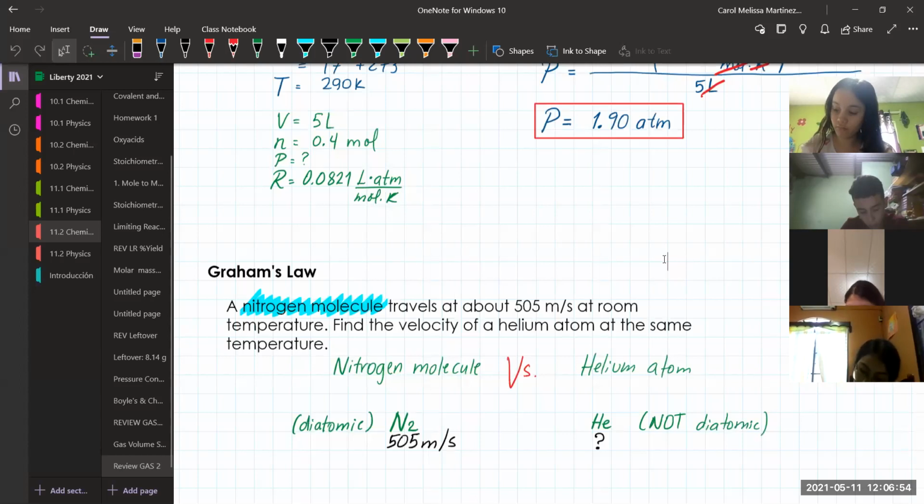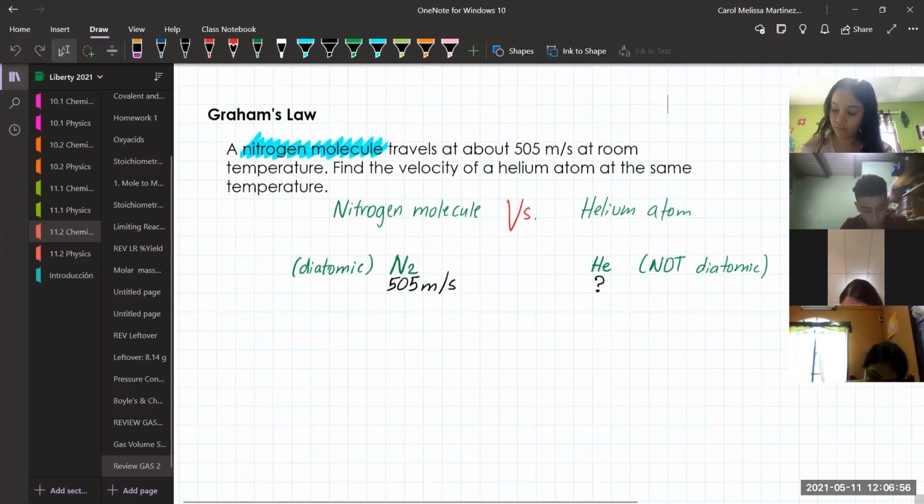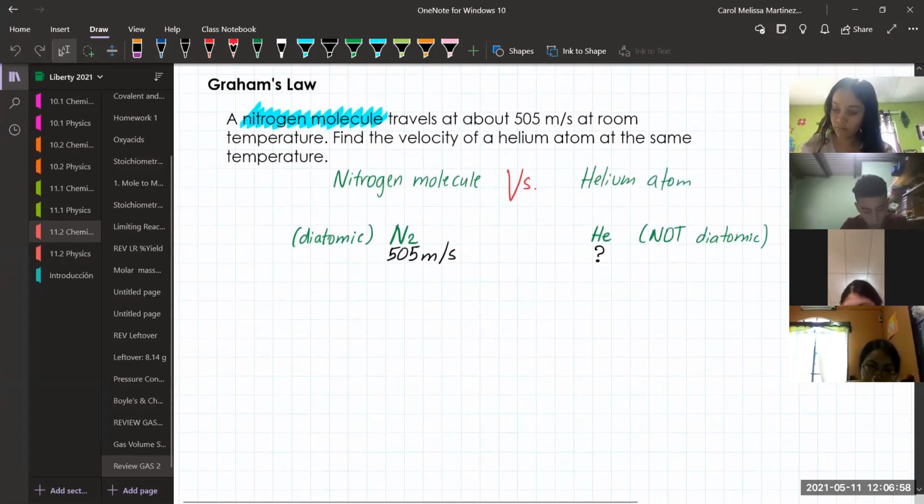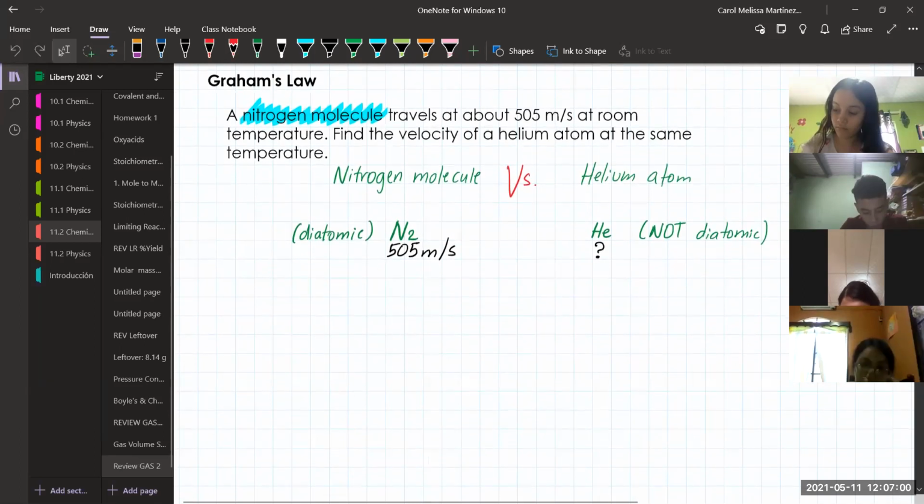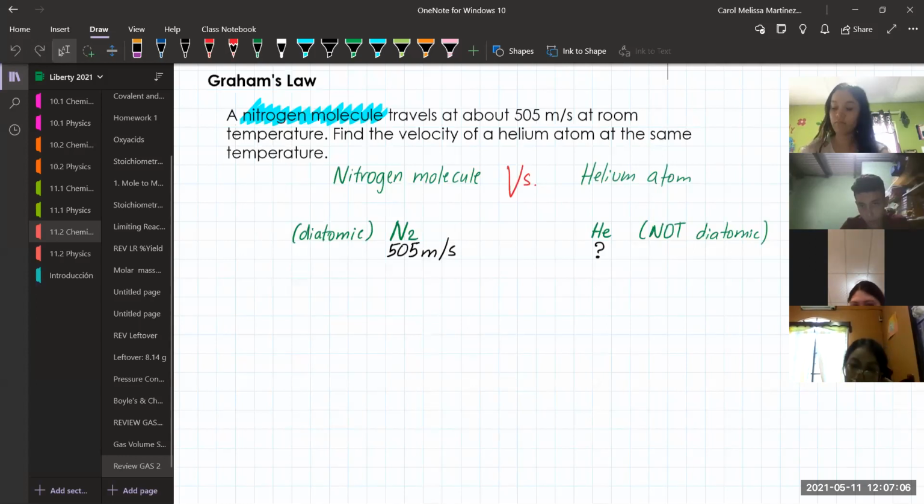Now, according to Graham's law, what I have to do is I need to relate the two substances, okay? I put up the substance I want to know. For example, in my case, I say helium comes up and below the nitrogen, okay?